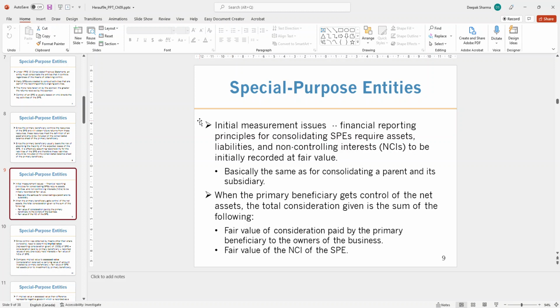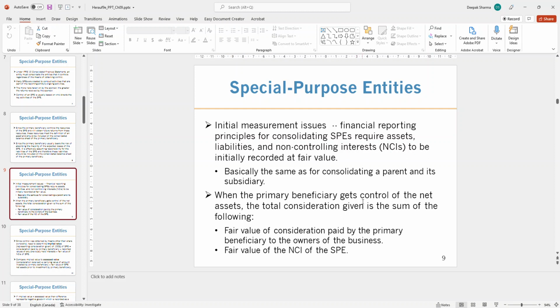So technically, we use the same rules that we have used in the consolidation, where we have the implied method or the fair market value method. We still use the same concept to determine the value for the company and the value for the NCI.